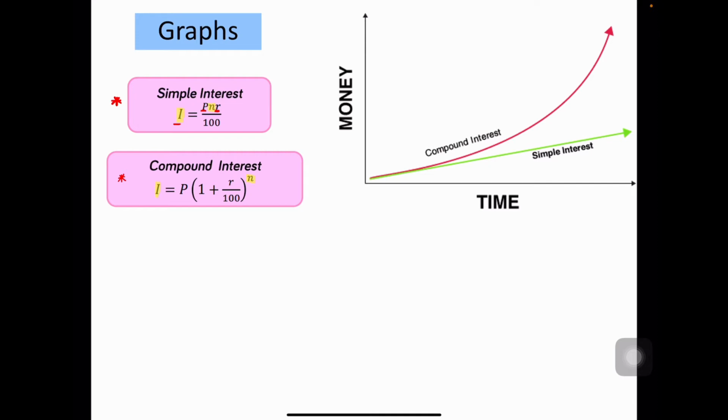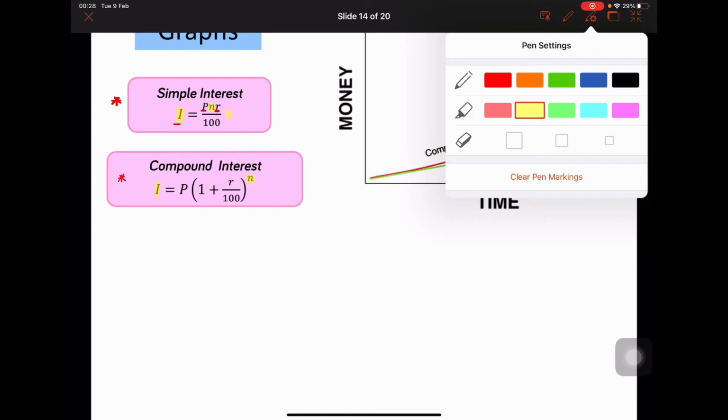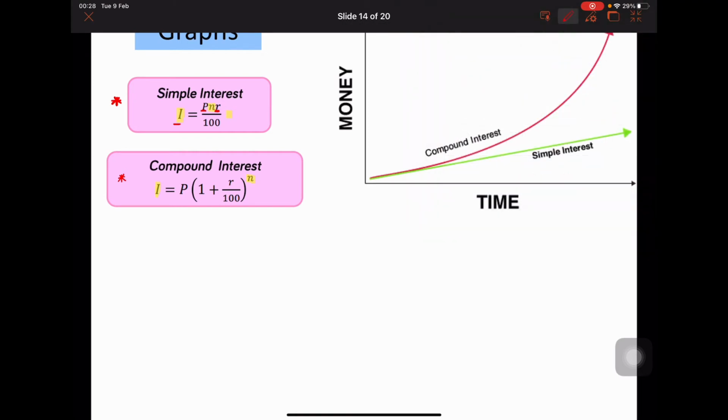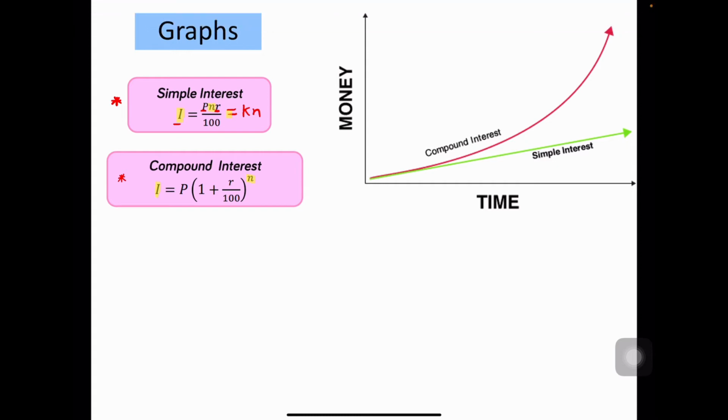Let's say PR over 100 is a constant, so I'll call it K. You have K multiplied by N. K multiplied by N just gives us a linear graph. So as you can see, the simple interest graph is just a straight line. So Kn, you could write y equals Kx, is an example of a linear graph.